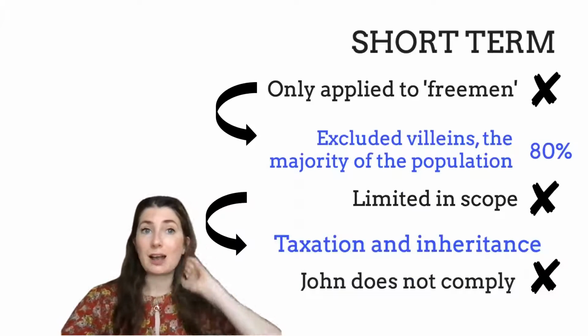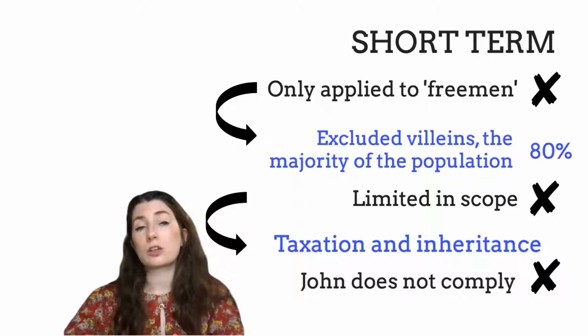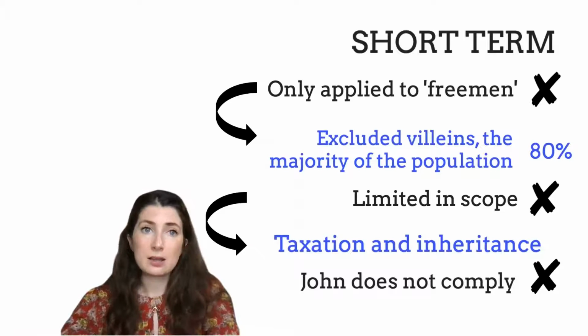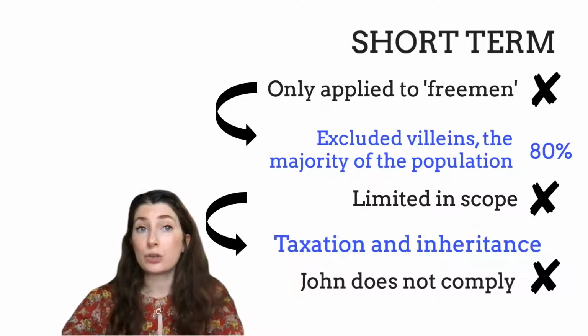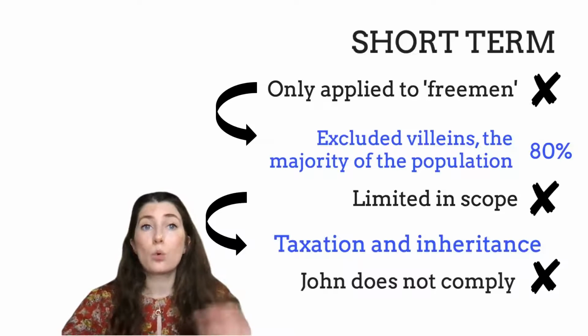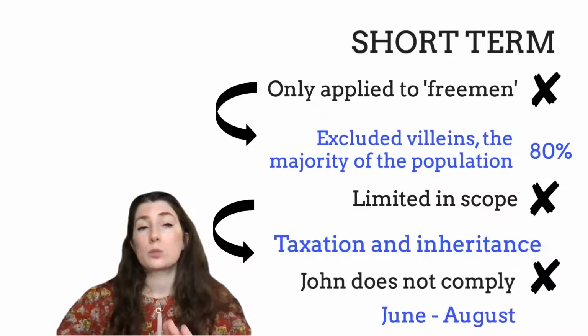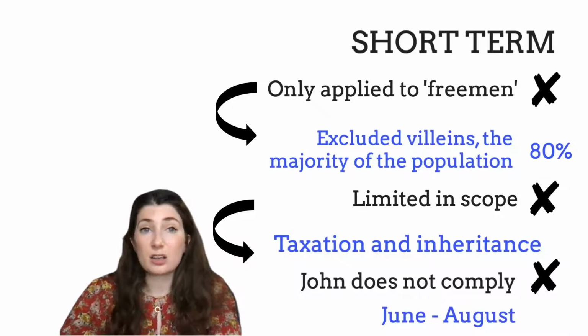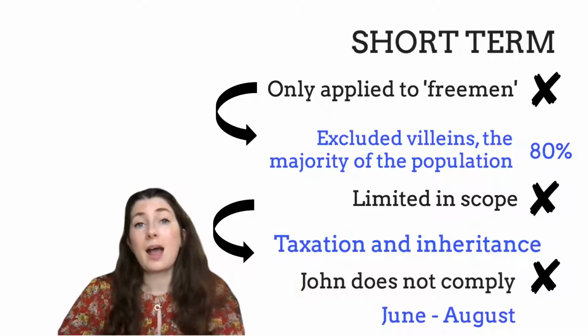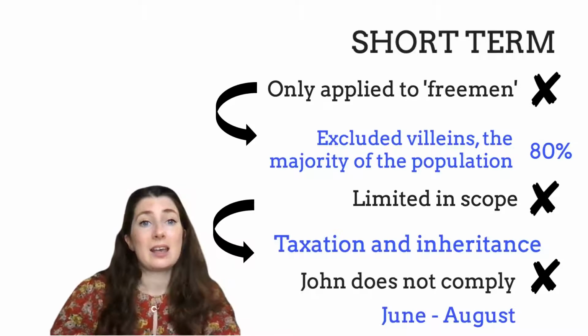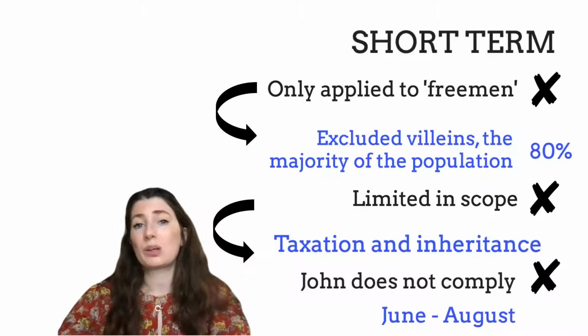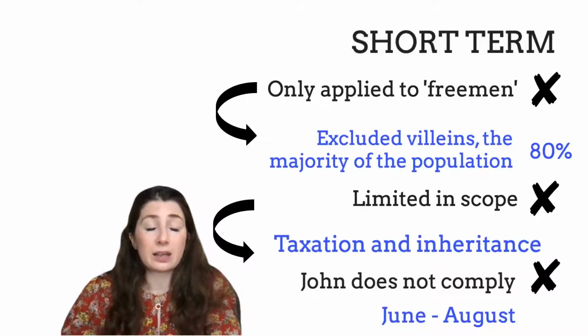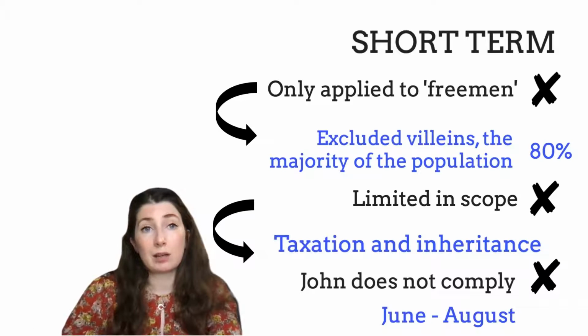Now, in addition, if you know about the event, you'll know that John actually, while he signs the document in June, by August, he has already broken this promise. So we can say that John just doesn't comply with Magna Carta, and therefore this would limit its significance. It would limit it because it's not holding, it doesn't change things for very long.